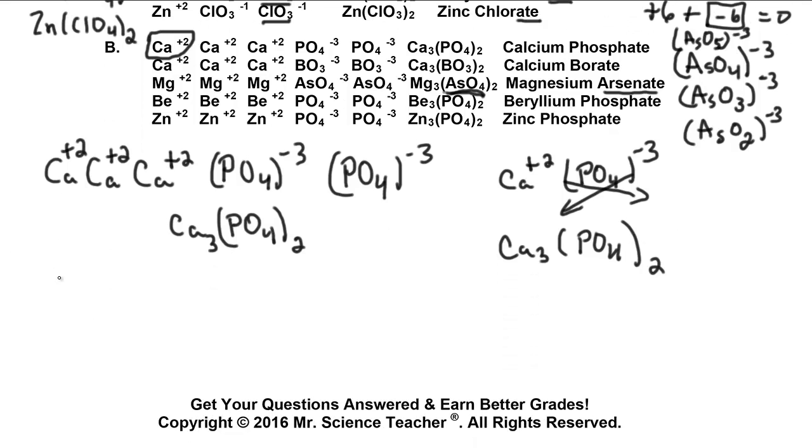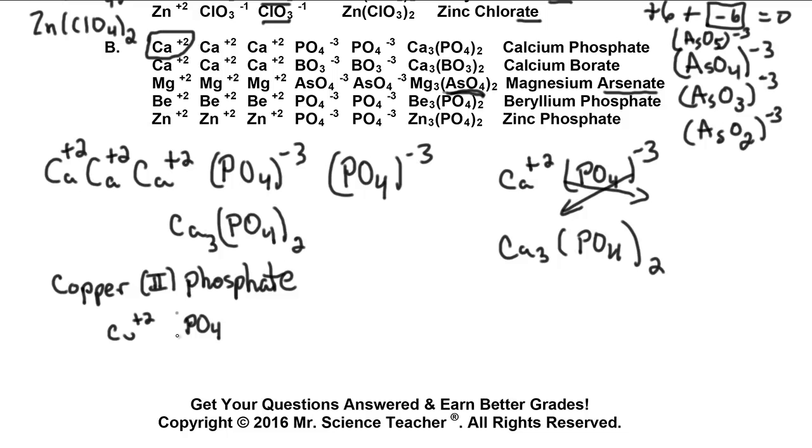Let's say I asked you to tell me the formula for, let's just say copper 2 phosphate. Okay, well, copper 2 is Cu with a +2. Phosphate is PO4 with a -3 charge. I'm just going to play that crisscross game, and I get Cu3(PO4)2.